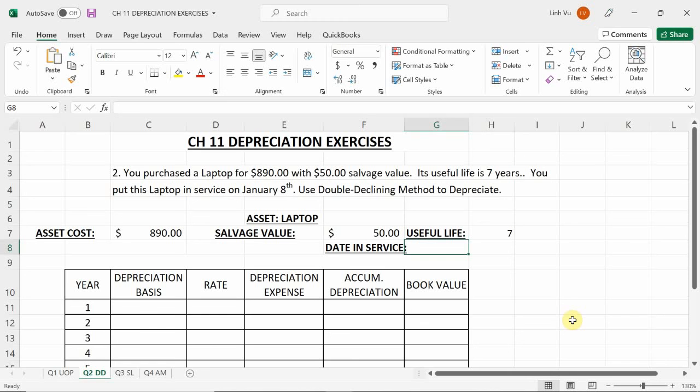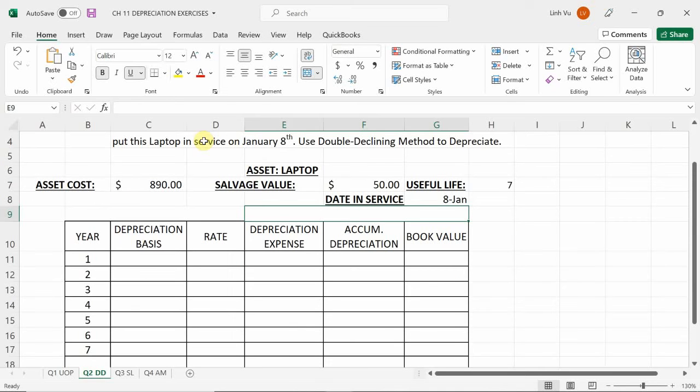And when did I place it into service? January 8th. So that tells me when I actually start depreciating. January. Good. So if I start depreciating in January and my assumption is that I do my adjustments at the end of the year.